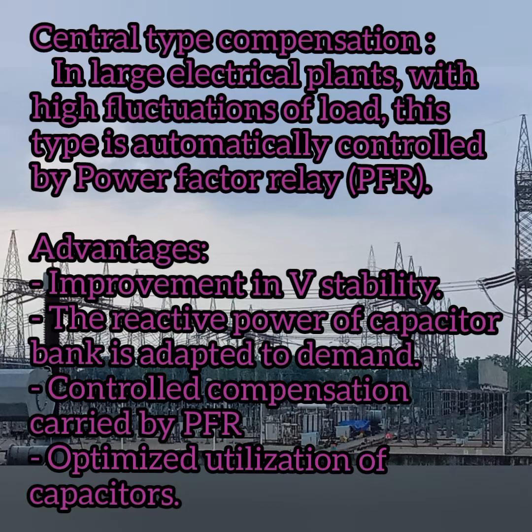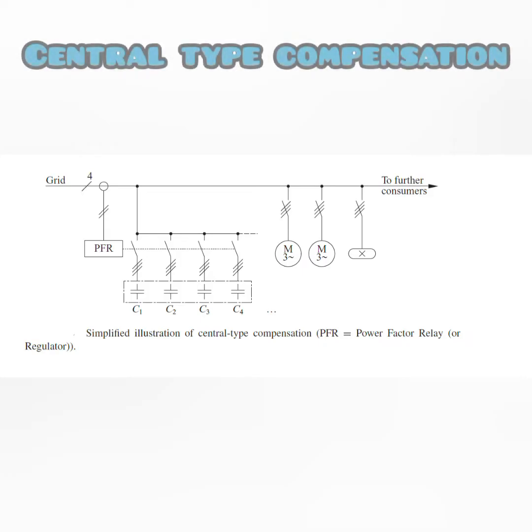So automatically we can avoid over excitation and higher voltage whenever there is no load or a very low load condition. So this is the example of your central type compensation.